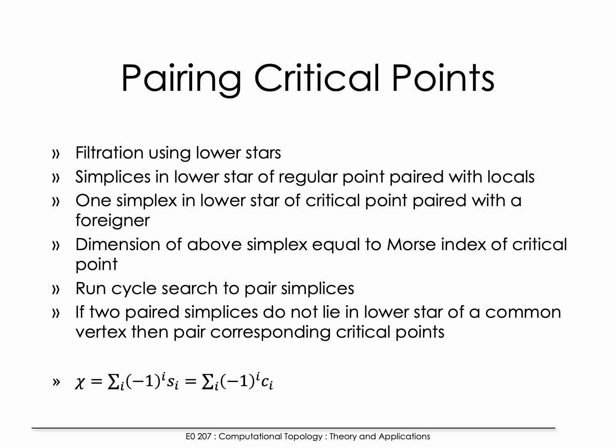So every pair of simplices cancels out when you look at the alternating sum. So all the local pairs do not contribute anything, and all the remote pairs of simplices correspond to a pair of critical points. So hence the Euler characteristic can also be shown using this pairing idea.